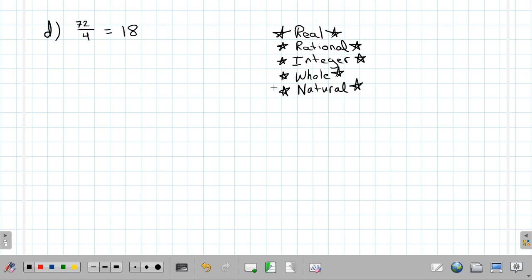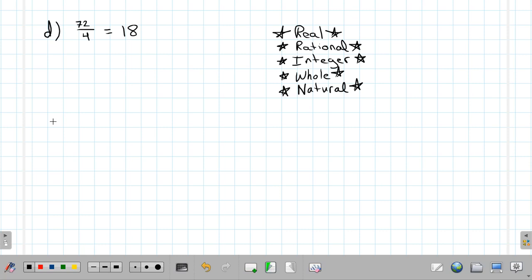The only thing that this number is not is irrational, and that's because a number can't be both rational and irrational just because of the definition. If a number is rational, then it can't be irrational because irrational means not rational, okay? So once again, it has to be one or the other on that end, but all the rest of these, it fits every other category, okay?